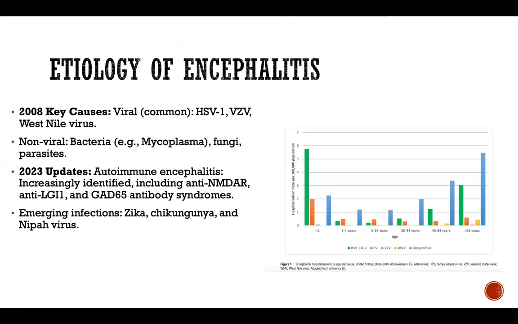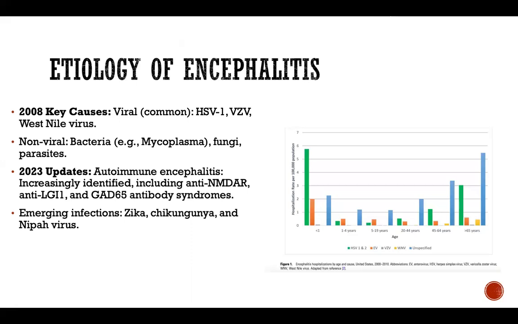In the 2023 article, there is a major emphasis on autoimmune causes of encephalitis, including anti-NMDA, anti-LGI1, and the GAD65 antibody syndromes, as well as newer infections such as Zika virus, chikungunya, and Nipah virus.